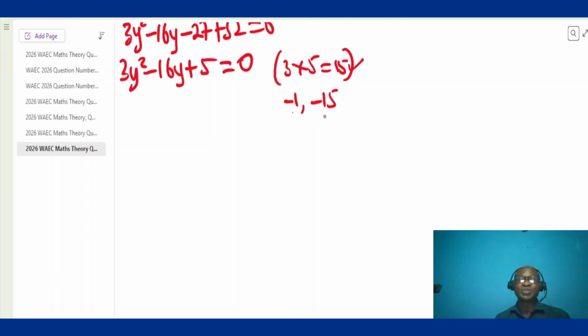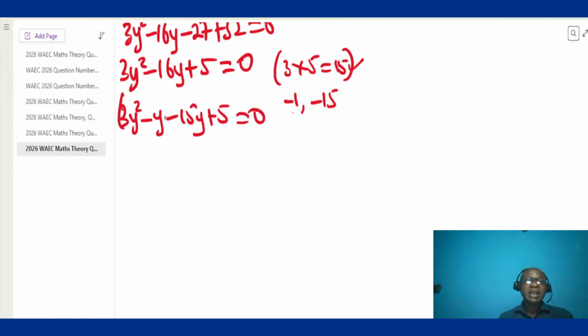So I'm going to use these two values to solve this using the factorization method. Therefore, 3y squared minus y minus 15y plus 5 equals 0. Now I can group them in pairs.